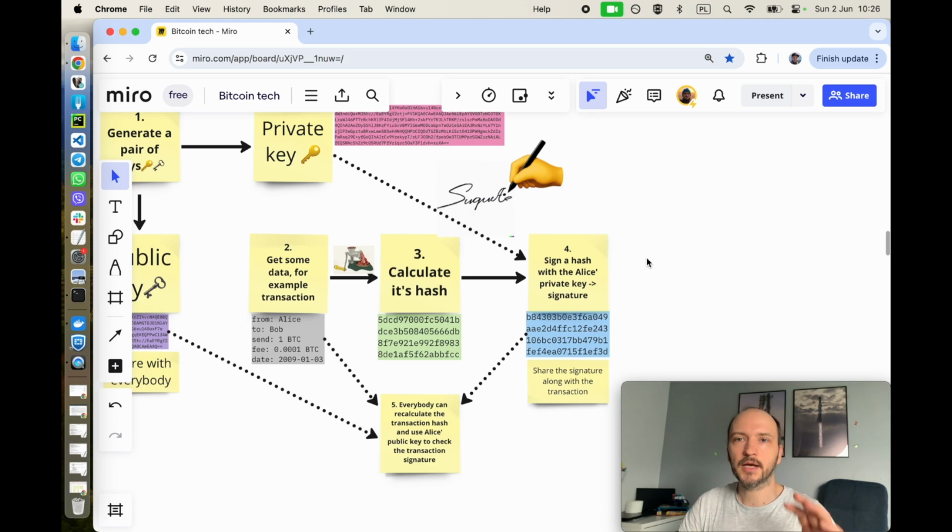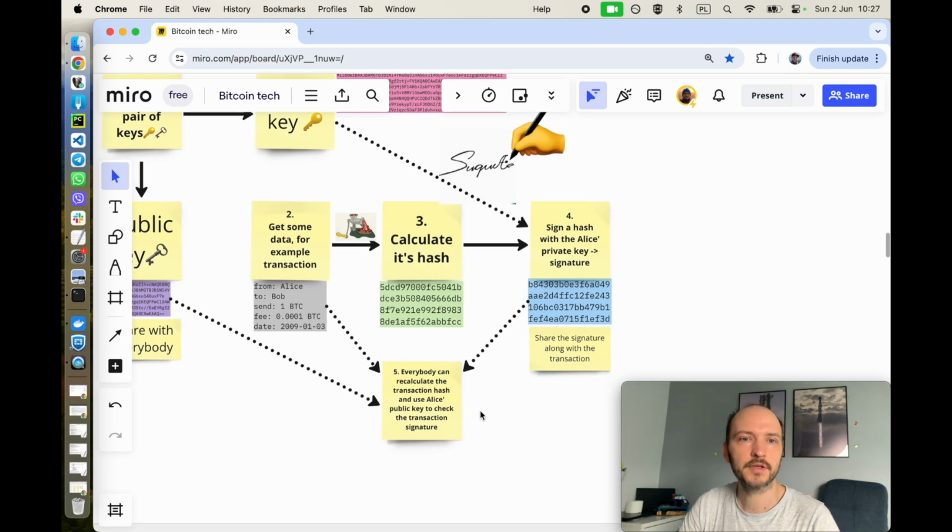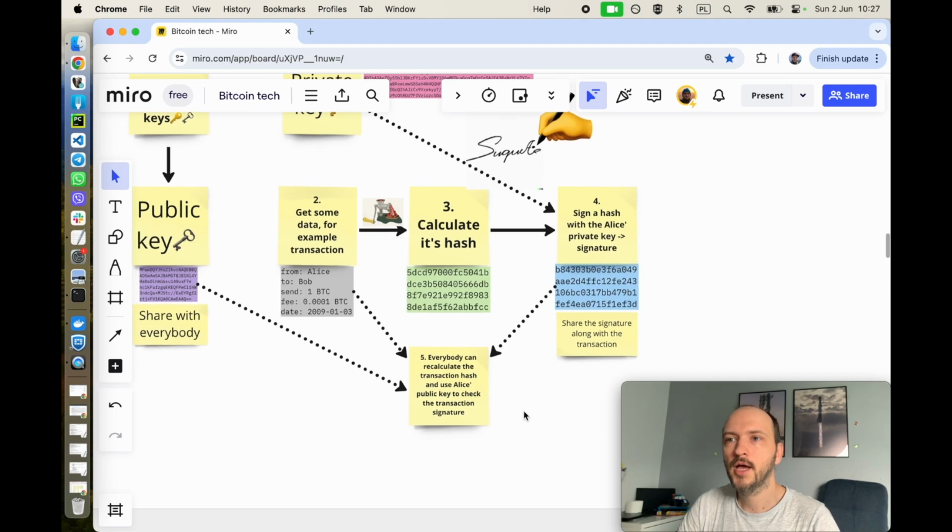Signing is a mathematical operation which transforms the hash and produces a new short string or short number, similar to the hash by length, but with different contents. The private key is used to produce this, so basically it's based on the private key and on the hash, and you get some string or number that represents the signature. And you share the signature with everybody.